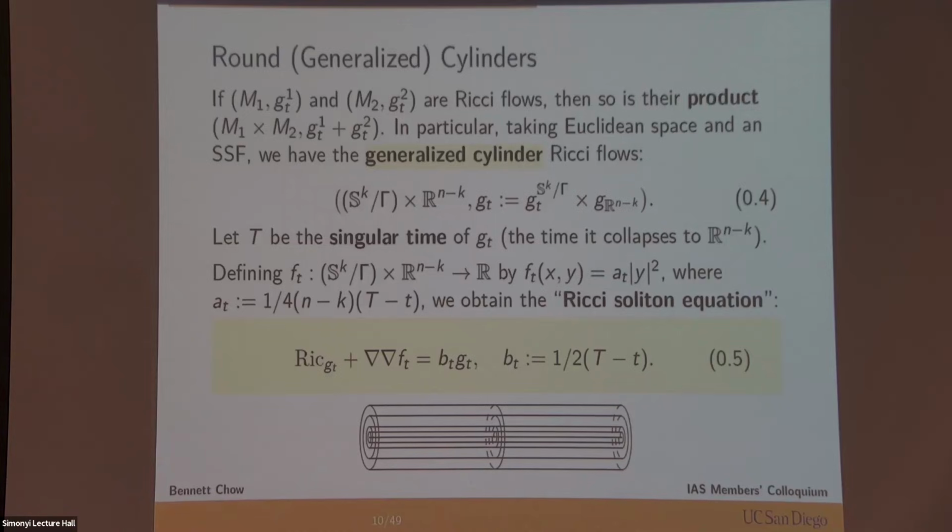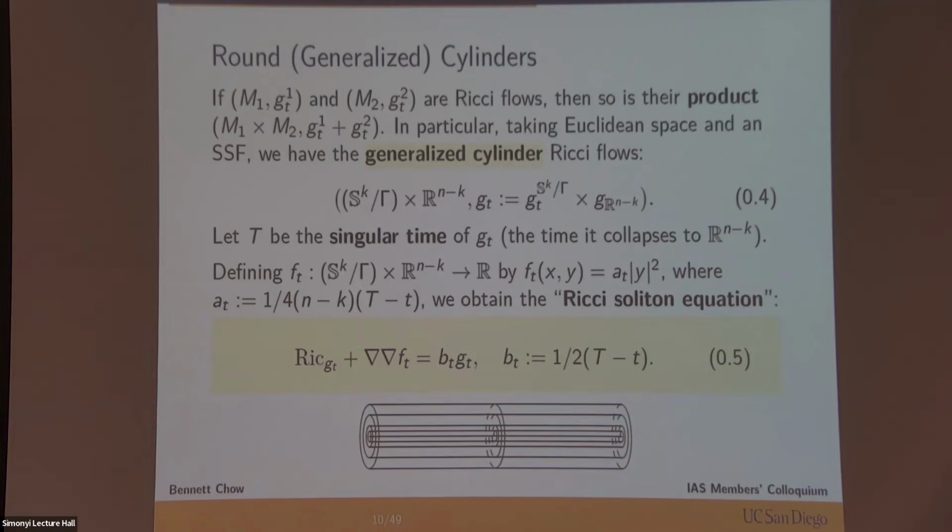Now, the interesting thing is that it's not an Einstein metric, but you can think of it as a generalized Einstein metric. You could frame it so that it satisfies the following equation that I've highlighted here. The idea is we can take a function just in the line direction and make it quadratic, normalized, actually kind of like a Gaussian.